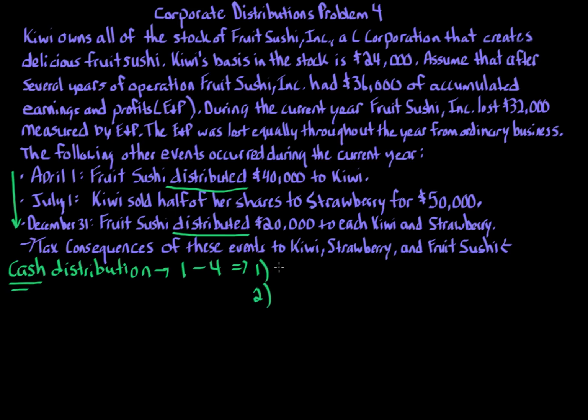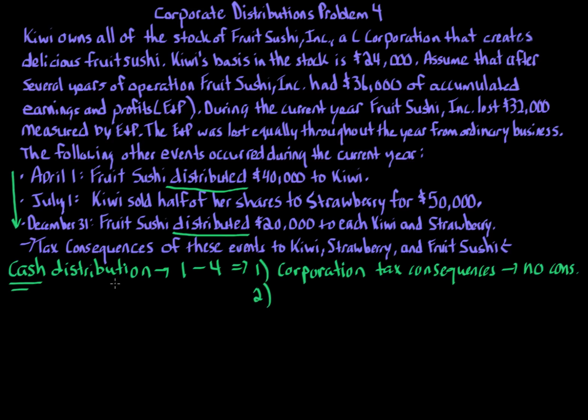Recall that at step 1, we have to determine the tax consequences to the corporation with respect to the distribution. Well, there are no consequences when there is a cash distribution. That's because the amount of cash and its basis are always equal. You don't have any discrepancy with that.